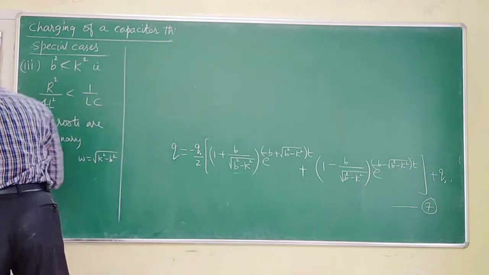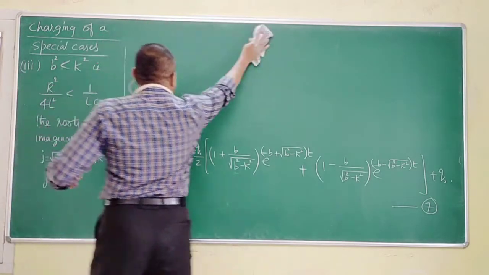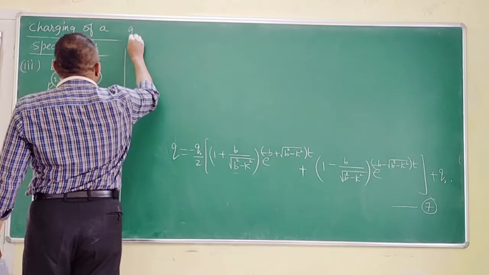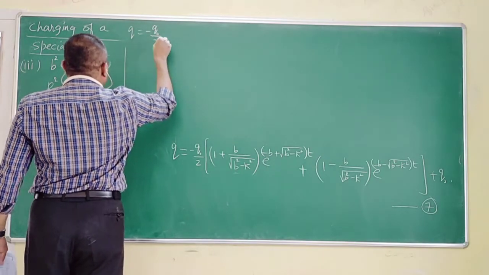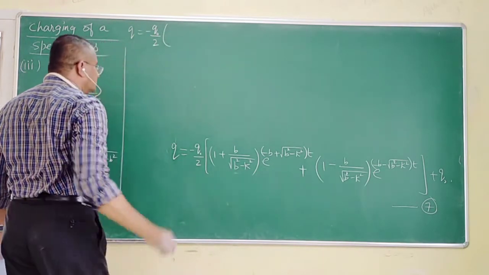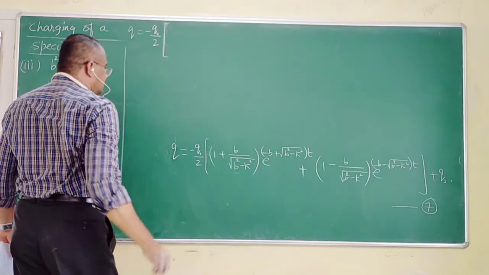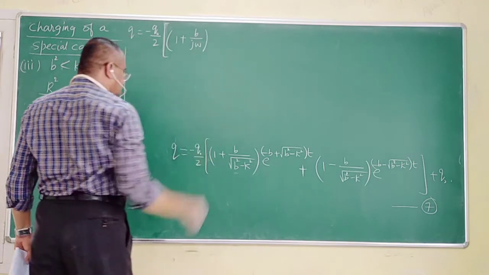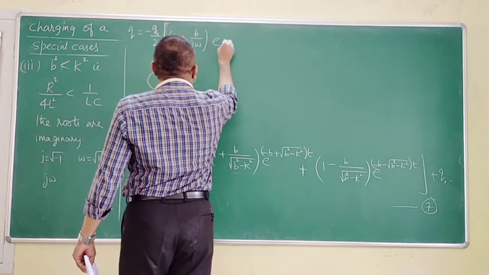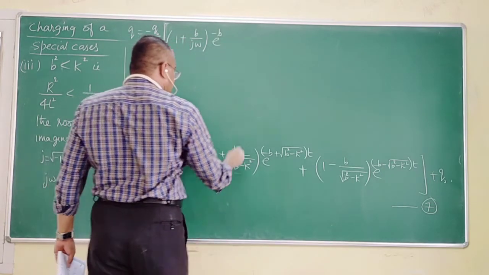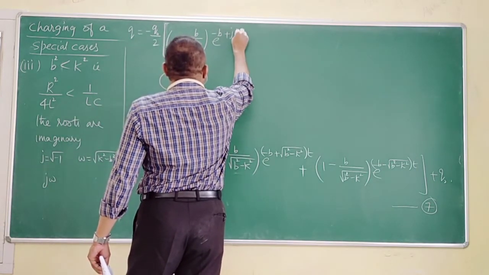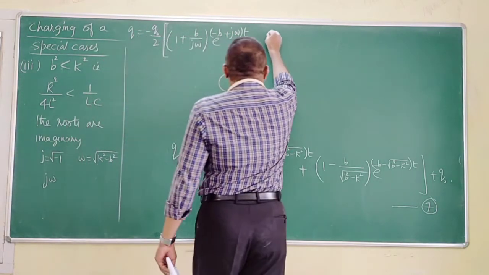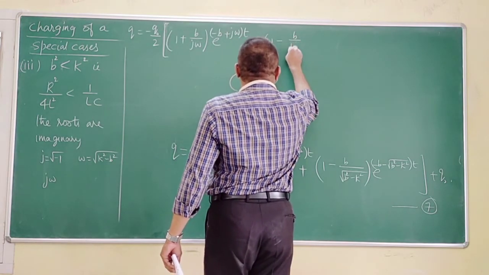I will rub this off also, so that I can utilize this space as well. q is equal to minus q naught by 2 into, this bracket, 1 plus b by j omega into e power minus b plus j omega t, plus 1 minus b by j omega.